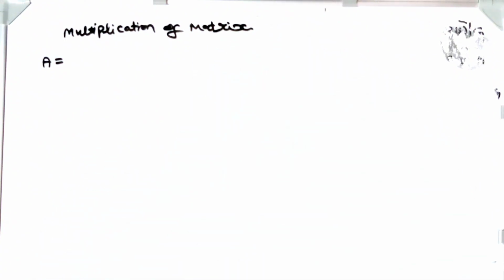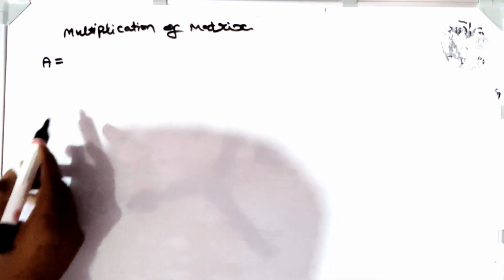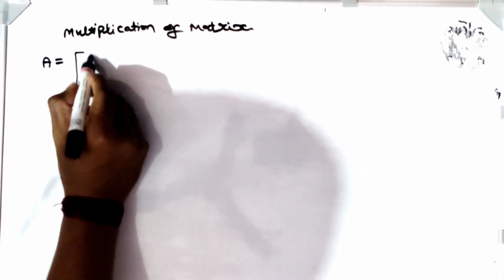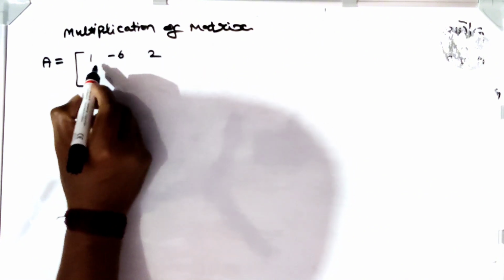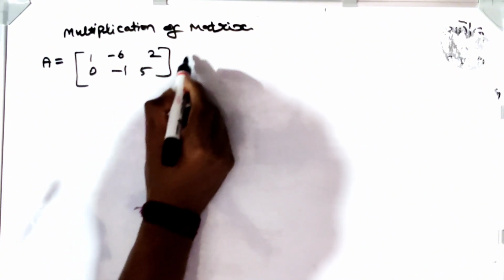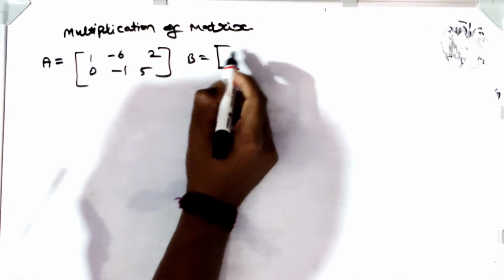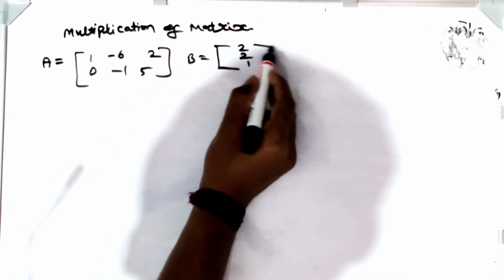So this video is all about basics of matrix and determinant. As a quick revision, I will solve a problem of multiplication of matrix. Let A be 1, minus 6, 2; 0, minus 1, 5, and B is equal to 2, 2, 1.